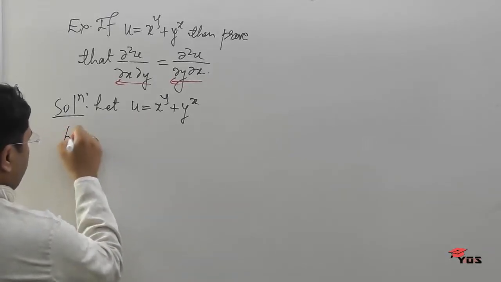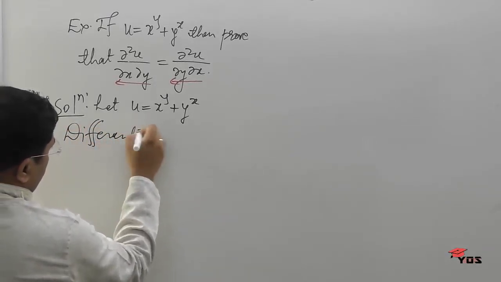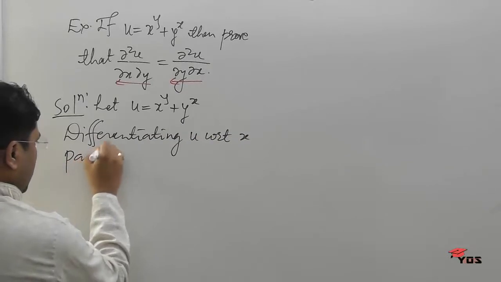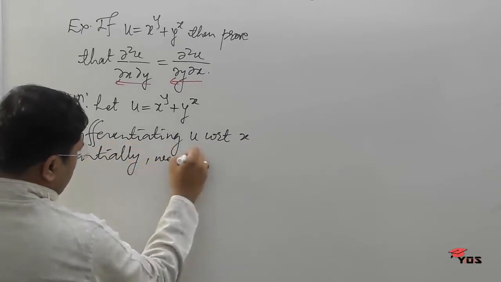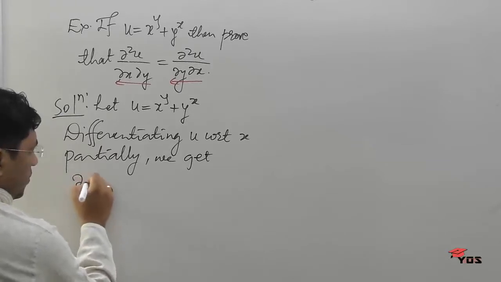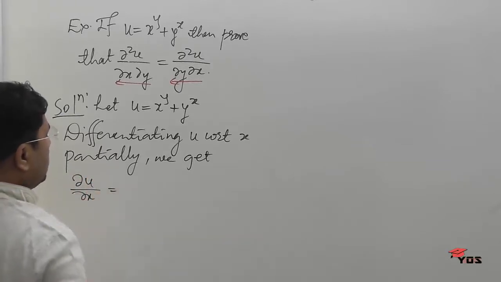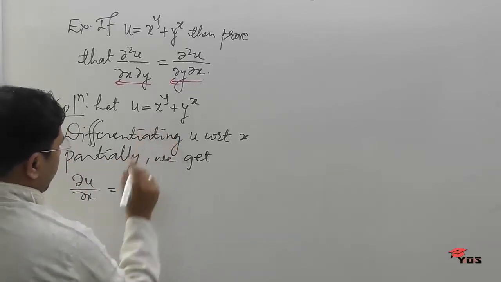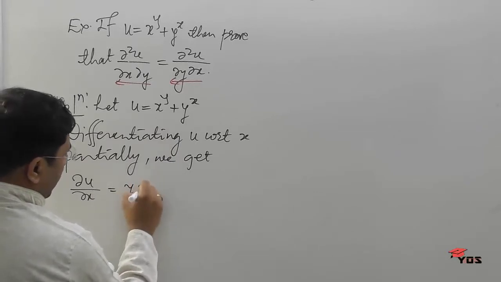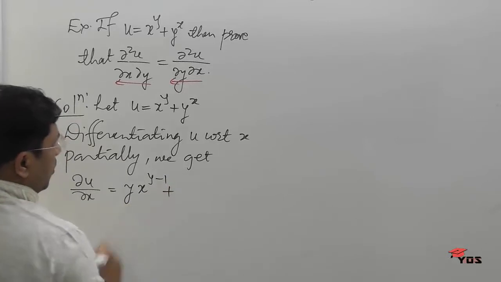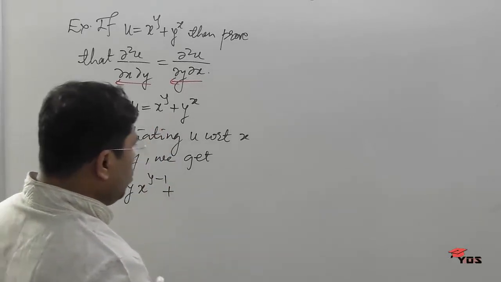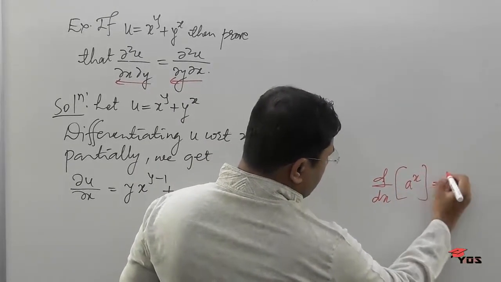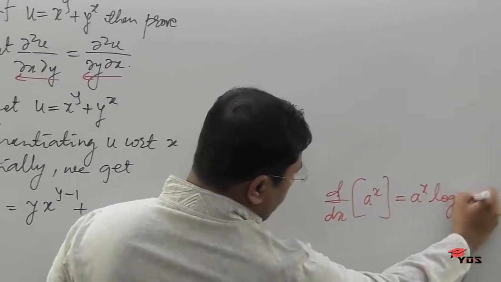So first we will differentiate u with respect to x partially, and we get ∂u/∂x is equal to, since we are differentiating with respect to x, y is going to be constant, so the derivative of this term will be y into x raised to y minus 1, plus, here y is constant, so we have the formula d/dx of a raised to x is equal to a raised to x into log of a.